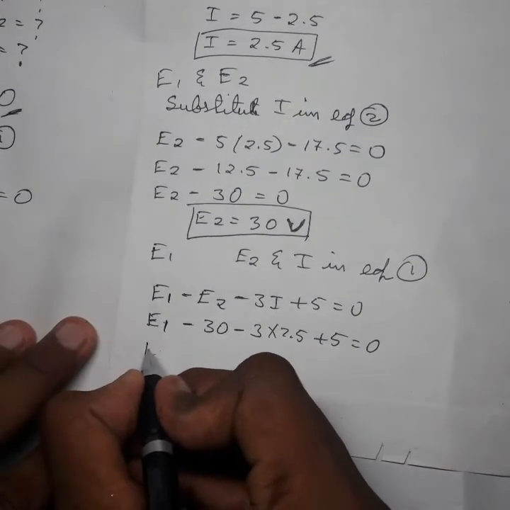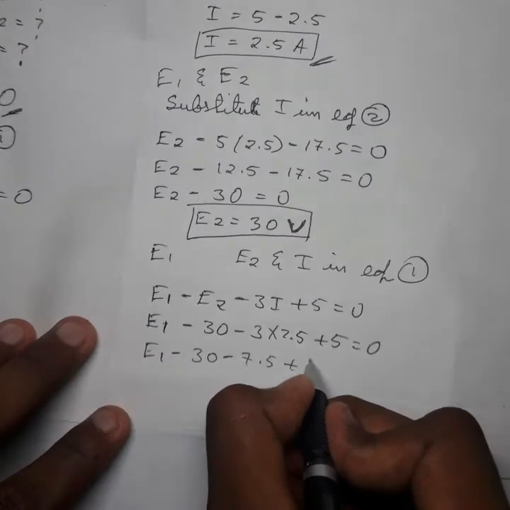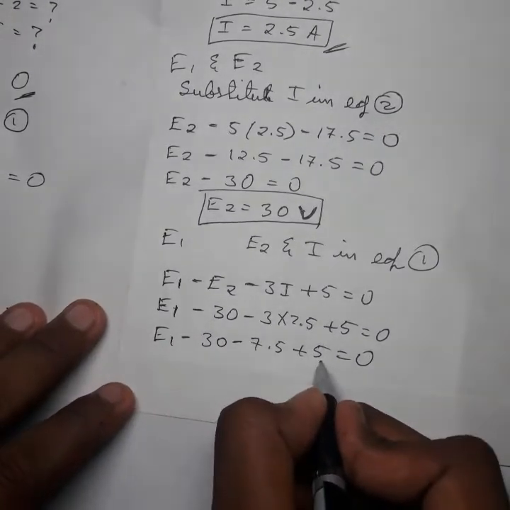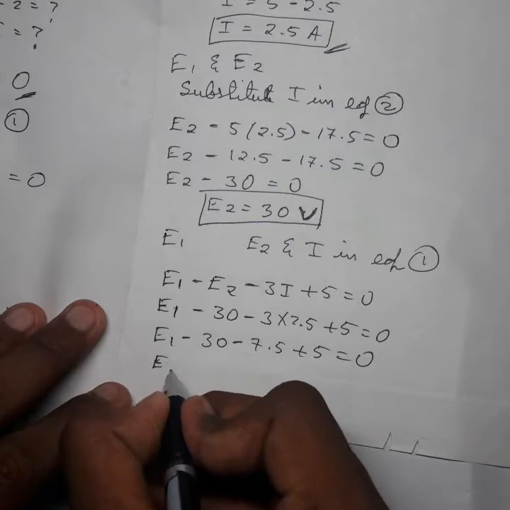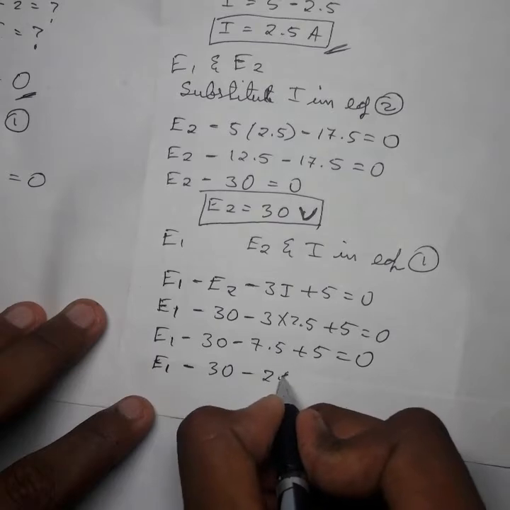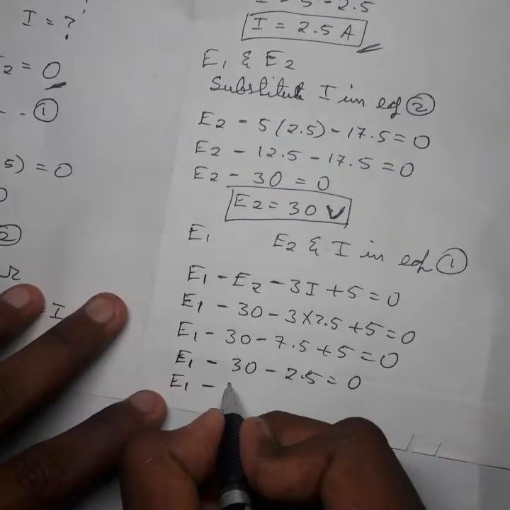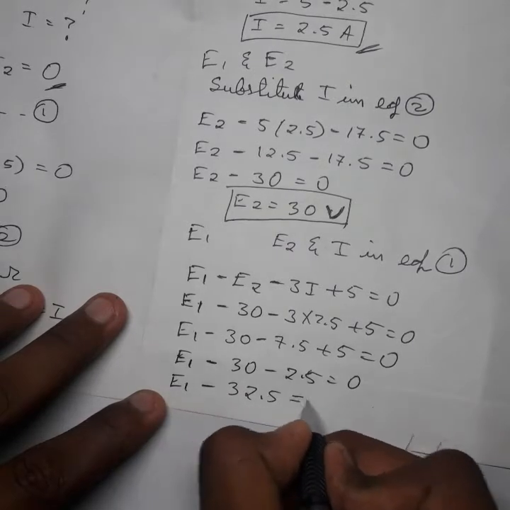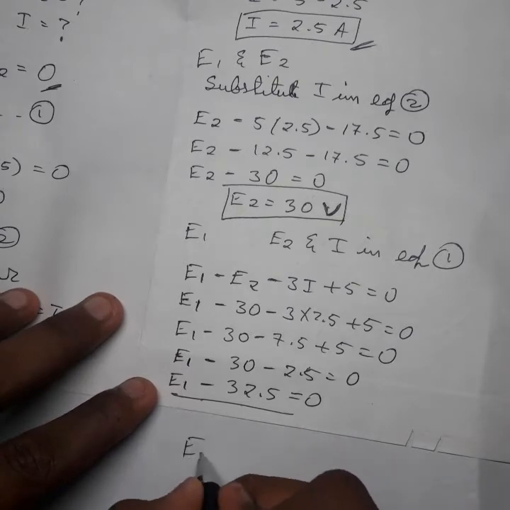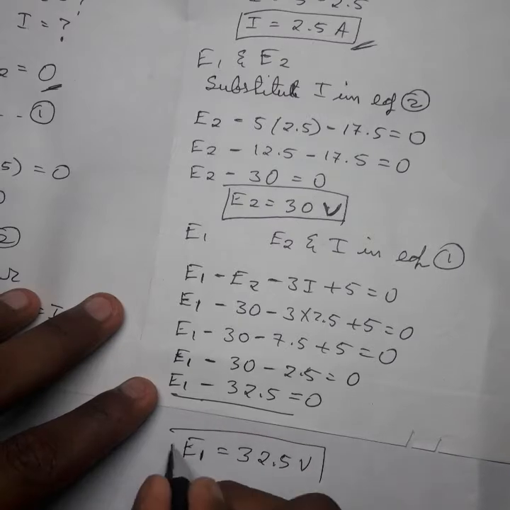That is E1 minus 30 minus 7.5 plus 5 equals 0. Minus 7.5 plus 5, which is minus 2.5, so E1 minus 30 minus 2.5 equals 0. So E1 minus 32.5 equals 0. Hence from here we will get that E1 equals 32.5 volts.